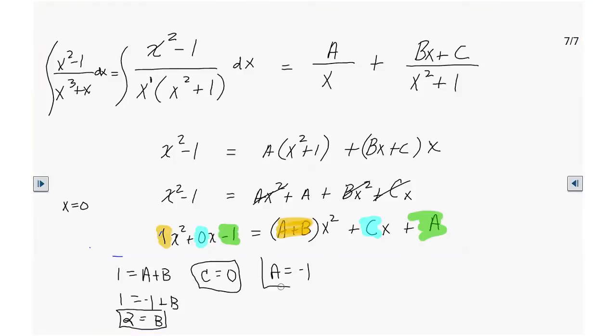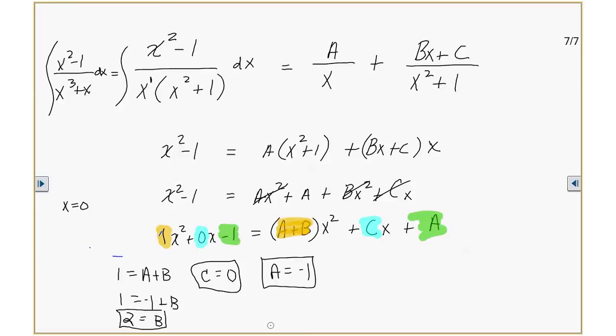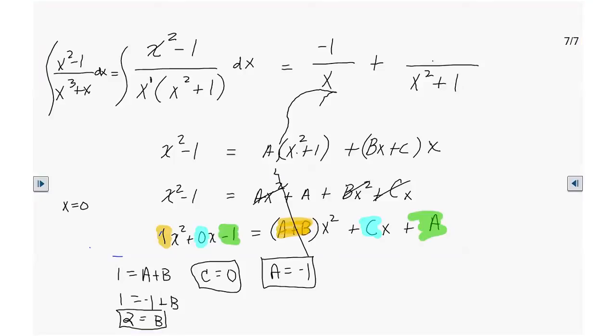All right, plug it in. So A is -1. And bx plus c, b is 2, but c is what? 0, so that's going to be 2x. Uh-oh, we got something a little bit different up here. Not much, but just a little bit.